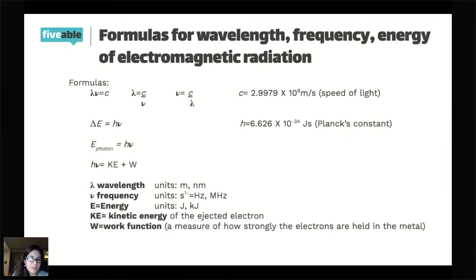Just be careful with the units, and make sure you get the proper ratios. Don't forget, if a mole is in the problem, remember the ratio of 6.022 times 10 to the power of 23. And that's it.